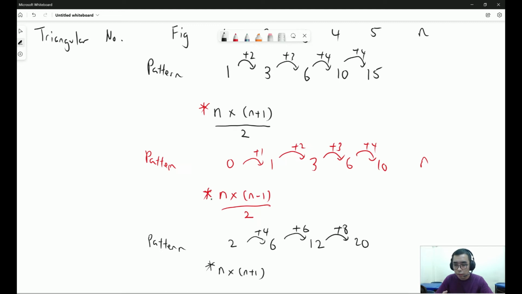If you notice certain patterns that are not what I discussed here, you can change this to n plus 2 maybe, or change the plus or minus symbol, or see whether you can divide by 3. Keep changing so that you see whether one of the general formulas can match the question. Okay, let's go back to the question.